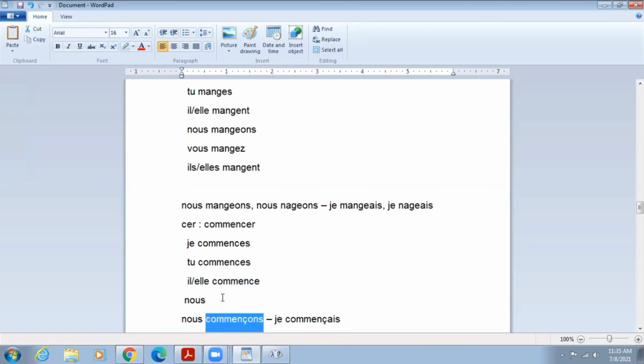When you are working with CER verbs and that verb has been conjugated with nous, the simple C will be changed to C with a cédille here, in the nous form. Why? Because if we do not put this cédille, the pronunciation will be commencons.